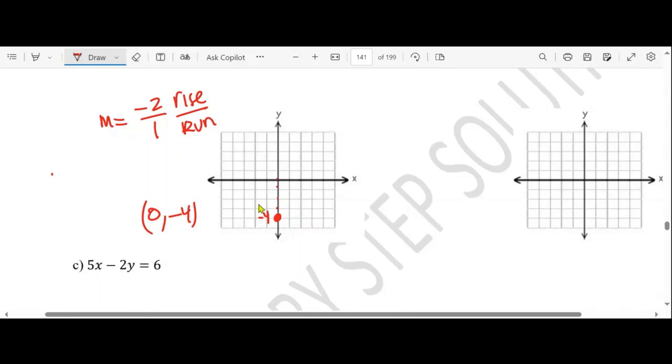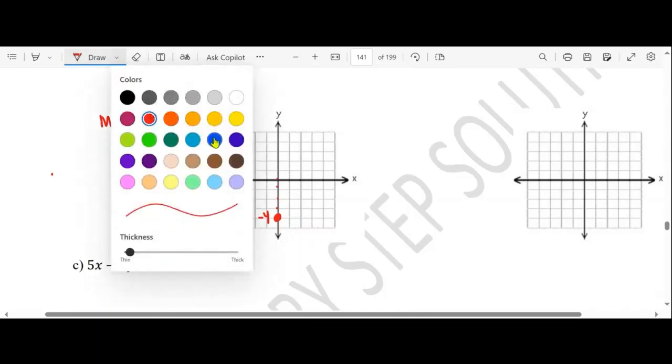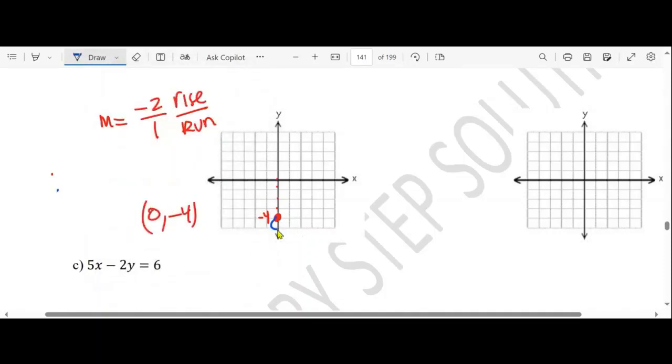Down, because it's negative. So let's count together. Ready? 1, 2. And the run, right or left? Right. So the point is here. How much is this? Negative 6. And this? 1. So your point is (1, -6).